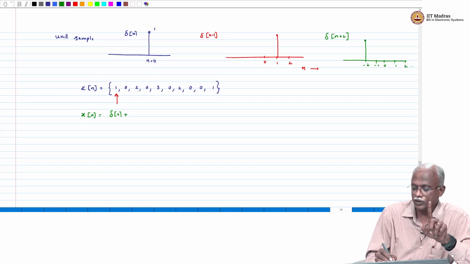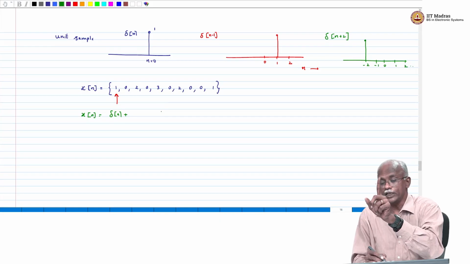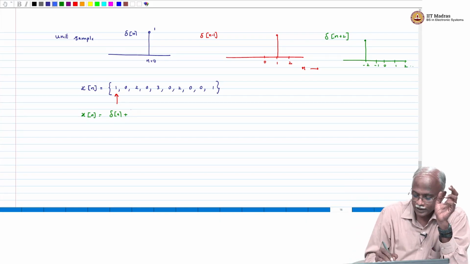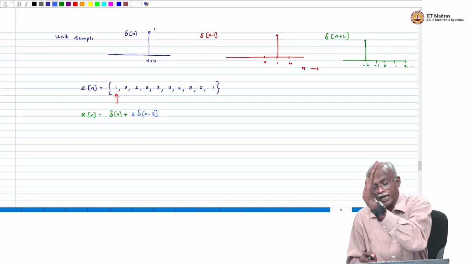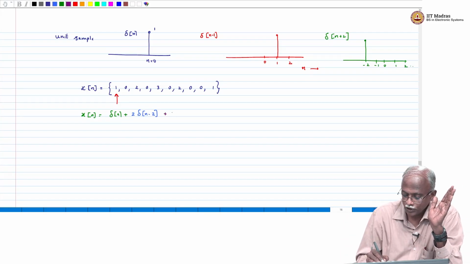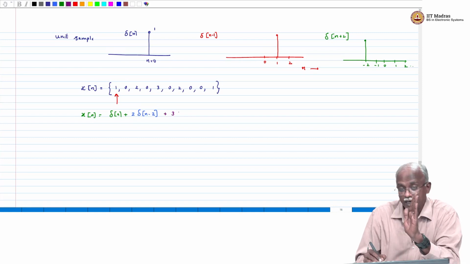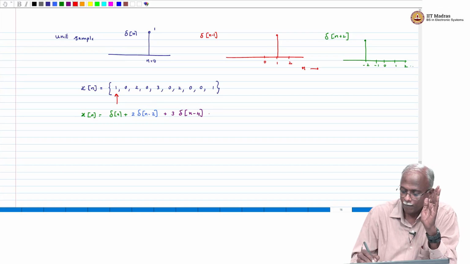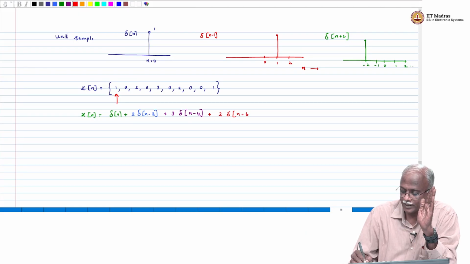The next non-zero value is at time n equal to 2, delayed in time. So, the scale factor is 2, and the unit sample function is shifted by 2 units of time, delta of n minus 2. Then comes the next non-zero value, a sample value of 3, delta of n minus 4. Then again plus 2, delta of n minus 6.